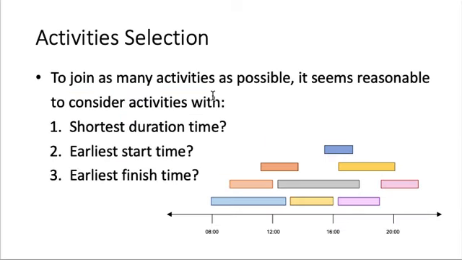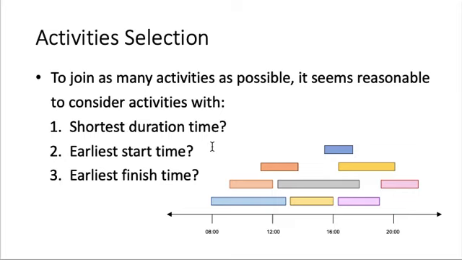Okay, now to join as many activities as possible, it seems reasonable to have the following different ways of picking the activities. So the following ways are all like greedy choice. So for instance, we may try to pick activities such that it has the shortest duration time first.